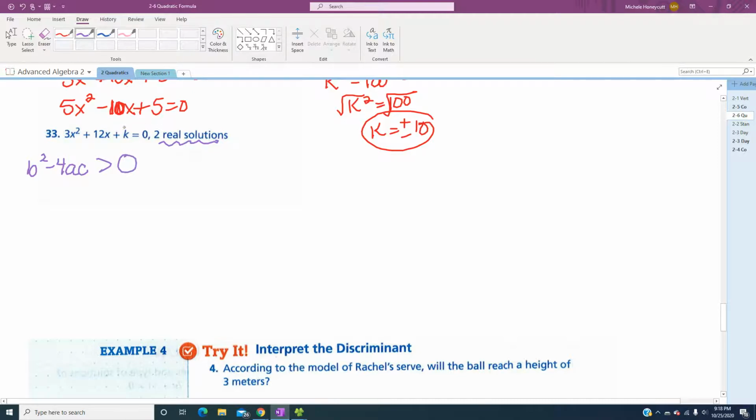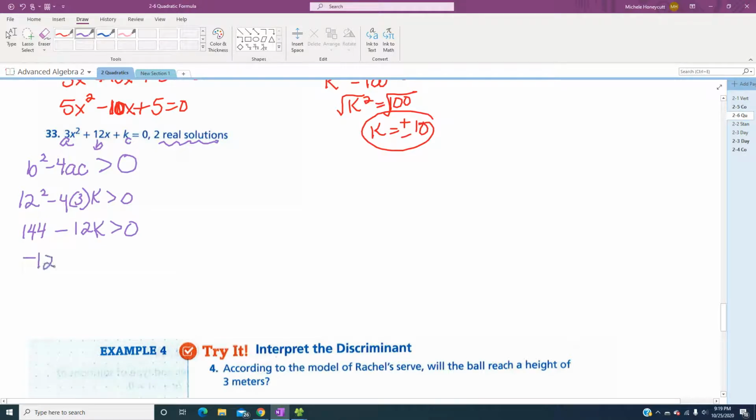We know that a is 3, b is 12, and c this time is k, so I'll substitute in what I know. 12 squared minus 4 times 3 times k has to be greater than 0. 12 squared is 144, minus 12k would have to be greater than 0. Let's subtract the 144 on both sides.